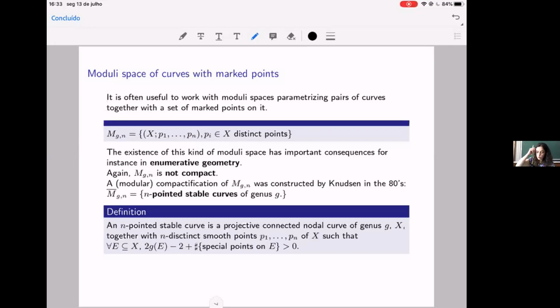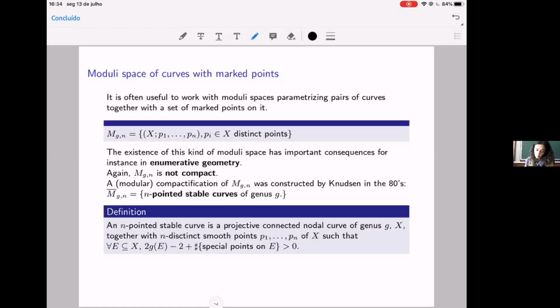And so this is the situation where we consider M_{g,n}. This is going to be the moduli space for a smooth curve of genus g, together with n distinct points, which are labeled. And again, of course, M_{g,n} is not compact. Here we have two different kinds of phenomena.